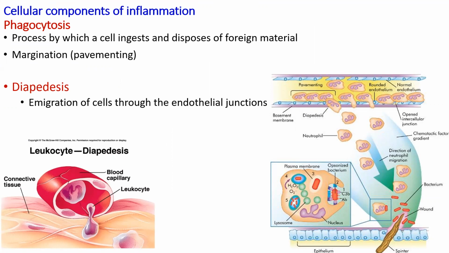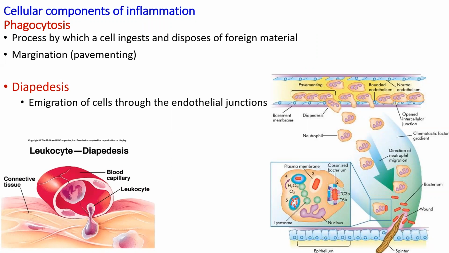Now, phagocytosis is a process by which the cell ingests and disposes of foreign material, and it also includes the production of adhesion molecules. Part of phagocytosis includes demargination or pavementing, in which the leukocyte cells adhere to the endothelial cells of the blood vessels.